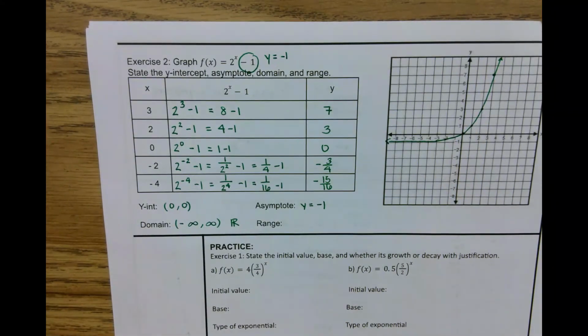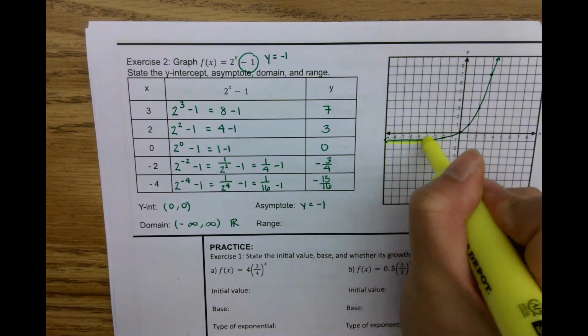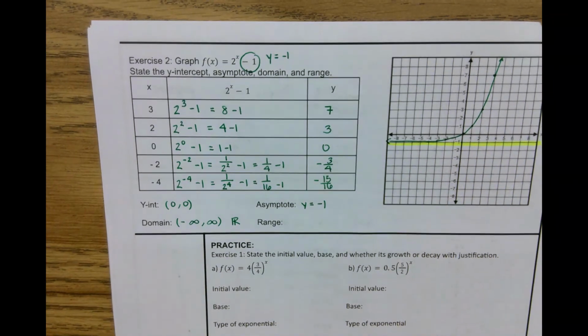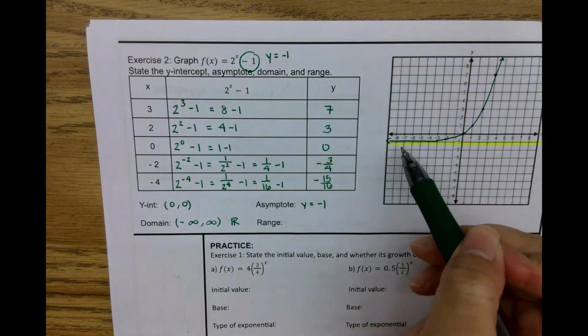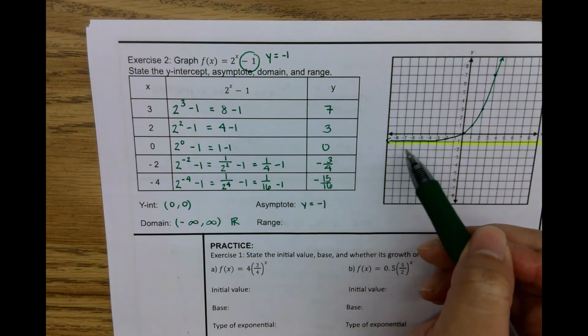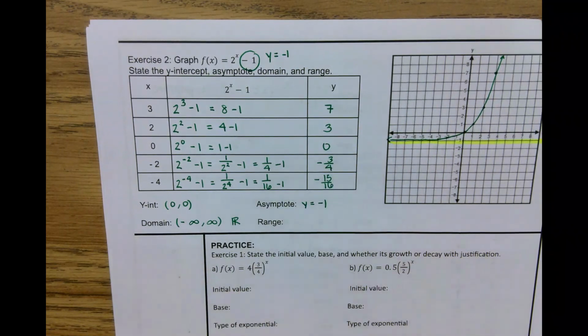As you get further in math, we not only have horizontal asymptotes, we also have vertical asymptotes. What this means is it's going to get closer and closer to this line of -1, but never actually touch it. Because we're humans, we can't draw it super close, that's why you can't see it. But if you graphed this in Desmos, you can keep zooming in closer and closer, and you'll see it gets closer to -1, but never actually touches it.